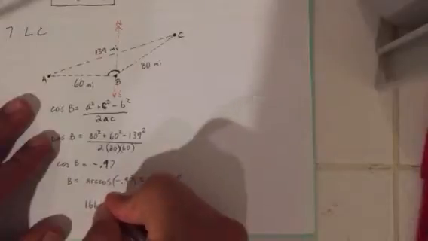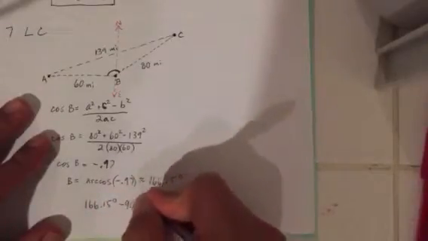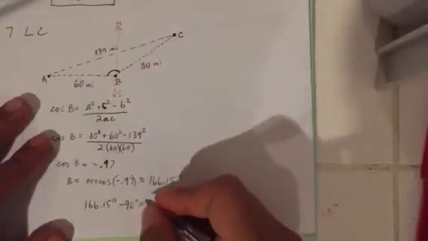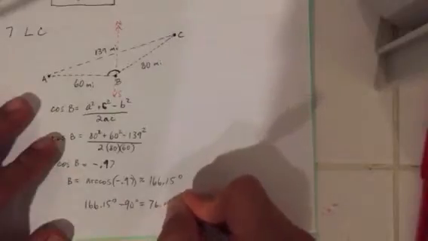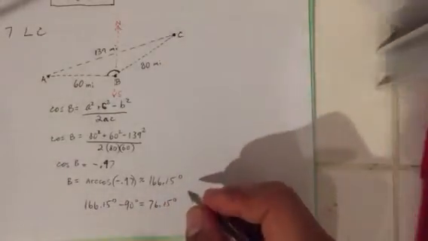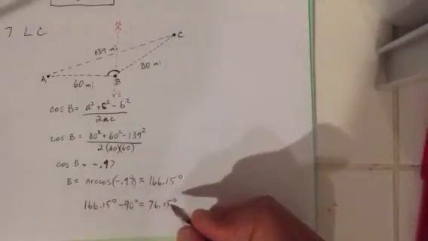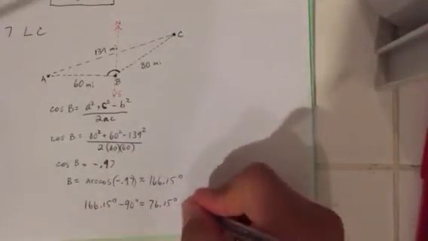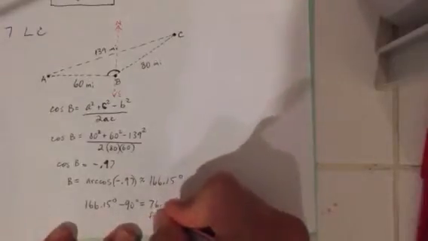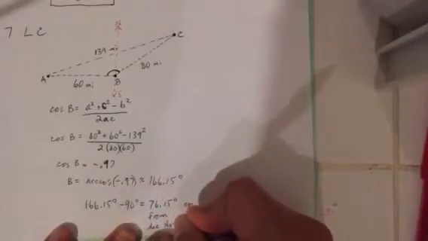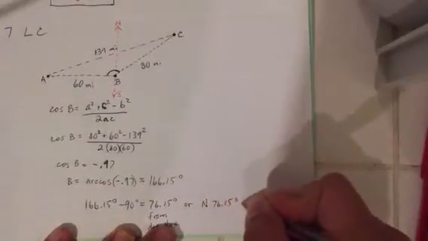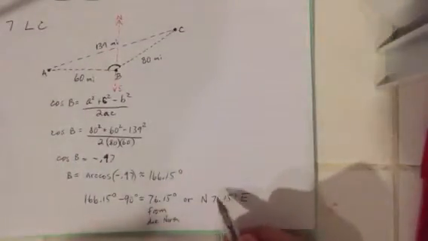So we say 166.15 minus 90 degrees. That leaves us with 76.15 degrees. So your answer is 76.15 degrees from due north, so you have to put it like this, from due north, or you can write it as north 76.15 degrees east, just like they've been giving us in the word problems.